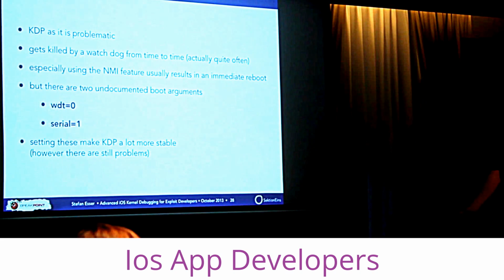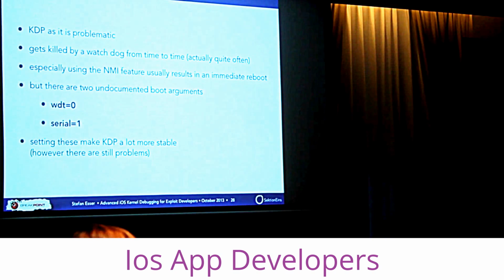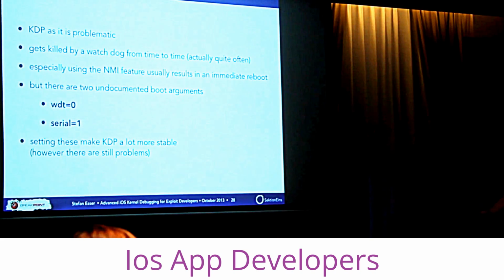Again, KDP still has a lot of other problems, especially when used with GDB. Sometimes things just don't work, like breakpoints, which only work the first time and don't work the second time. But this most probably is one of the reasons GDB is really bad.